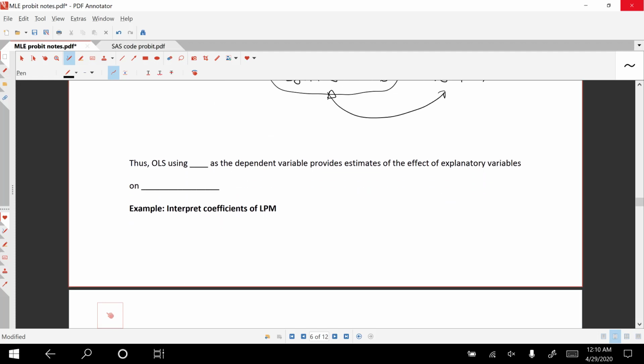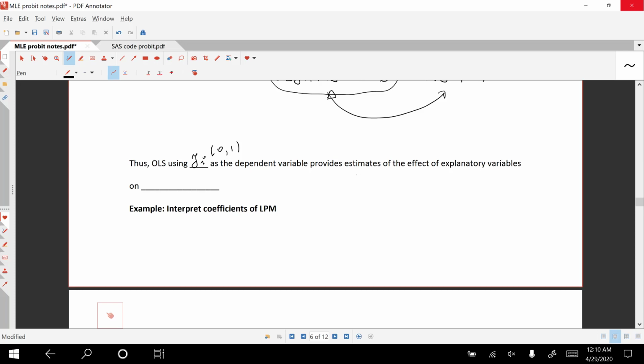So using OLS, we will use yi as a dependent variable, which can only take values of zeros and ones, and of course the x's as the explanatory variables.